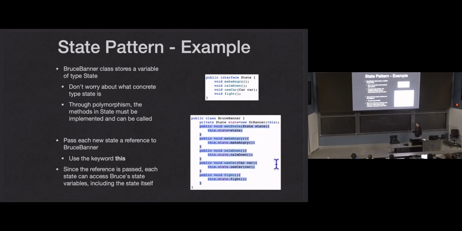Nothing cares what state it's in. We're not hard coding anything. We're not saying if we're in the Hulk state, do this, else do this. Nothing about this cares what state we're in. We're just going to defer to the state, and whatever state we happen to be in, that's going to control what behavior we get for those method calls.